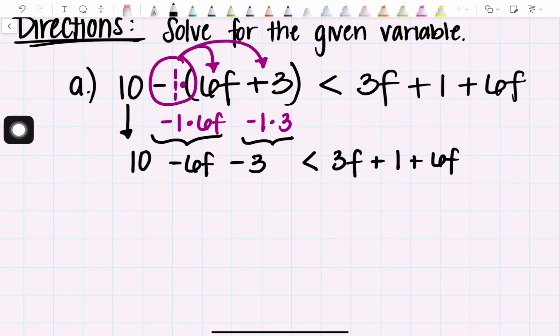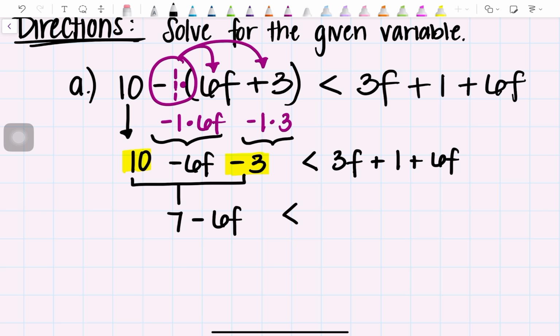From there, I want to focus on condensing each of the sections. How we're going to do that is we're going to combine like terms. On the left-hand side, I could combine a 10 and a -3. If I combine those two, that gives me a 7. And I'm going to bring down the -6f is less than.